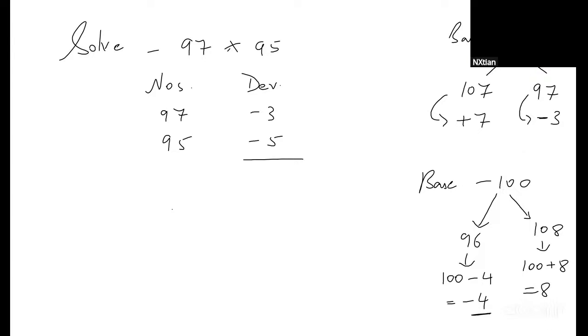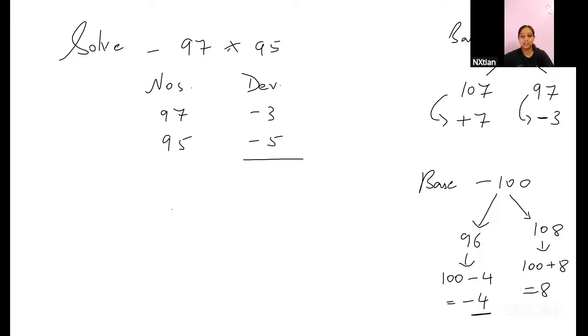Yes, 9215 is correct. If it is more than the base, then that extra value is the deviation. If it's less than the base, then the amount by which it is less is your deviation, and it will come in minus because we are subtracting it from the base to get the original number. Hope you are getting it.